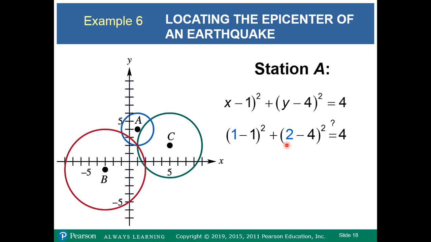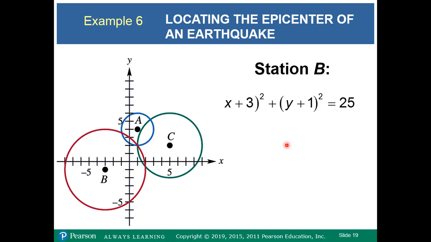So if we solve this, do we get 4 equals 4? Yes, we do. So it checks. Now what about B? We're going to do the same thing. We're going to take this form of the equation, right? So this is the center that was given, and the radius is 5, so we get 5 squared, which is 25.